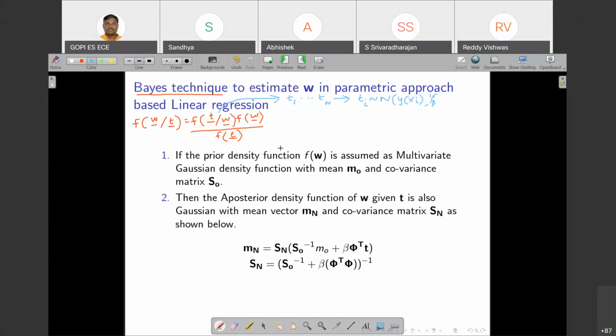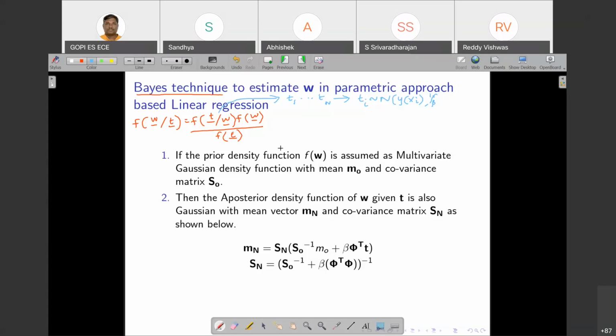we get an n cross n matrix. If I find this, treating T1, T2, T3 as independent events having identical distribution, they have means differing, y of xi, but the variance is going to be the same, 1 by beta.